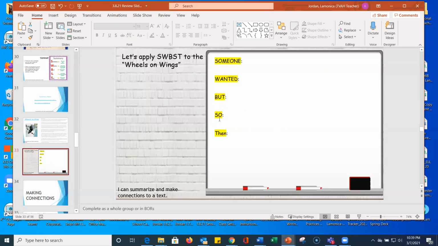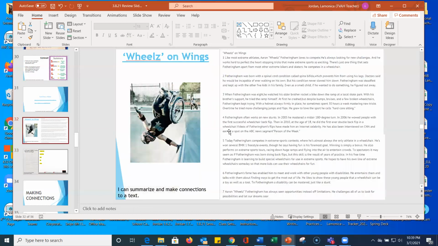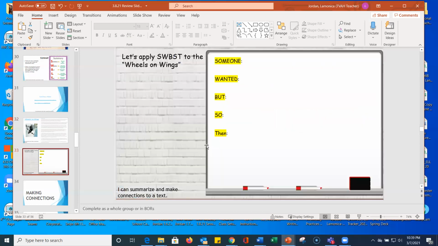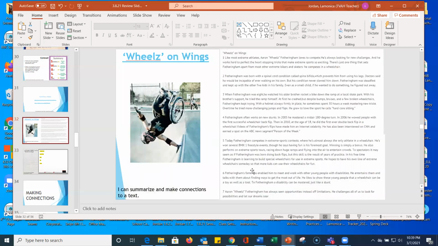So here's the so: he learned how to do those same tricks that his brother was doing on his bike in his wheelchair. Then at the end, he's become kind of famous, and he hopes to one day have sporting wheelchairs where other kids can do tricks like him.